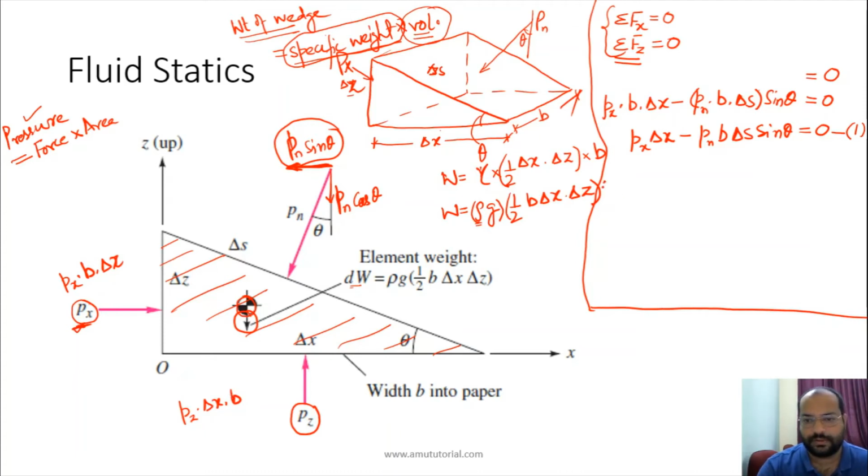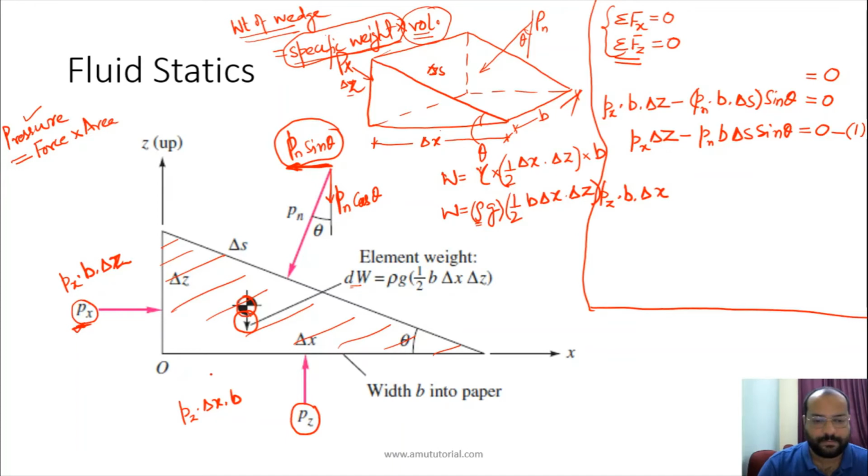There is a minor correction: this is actually delta x, not z.